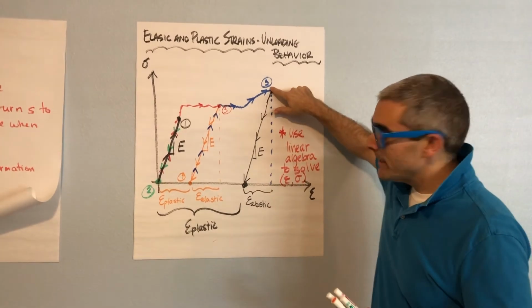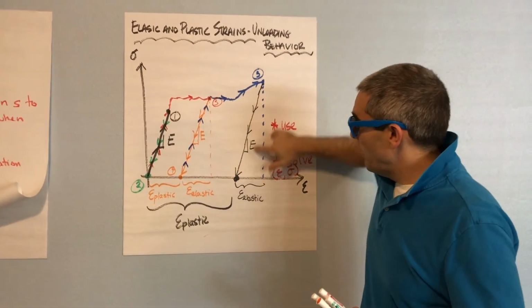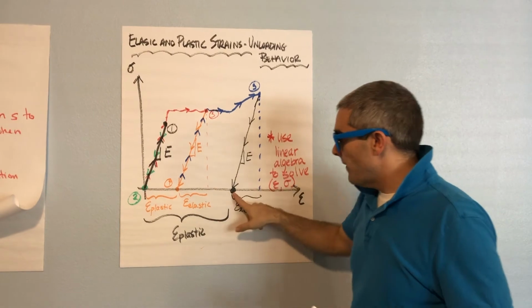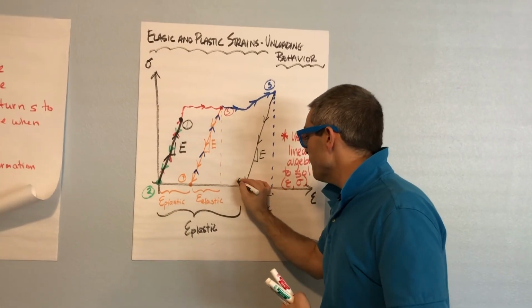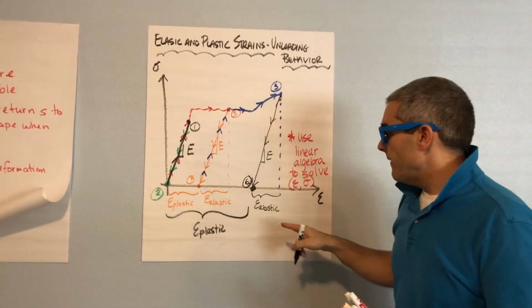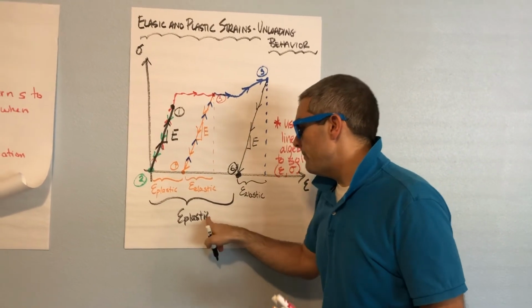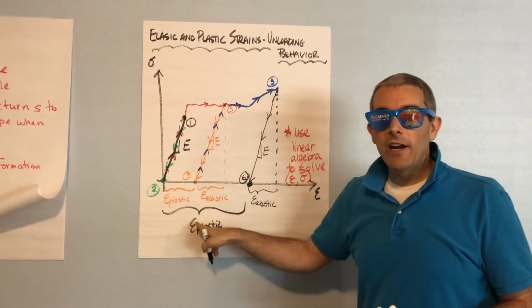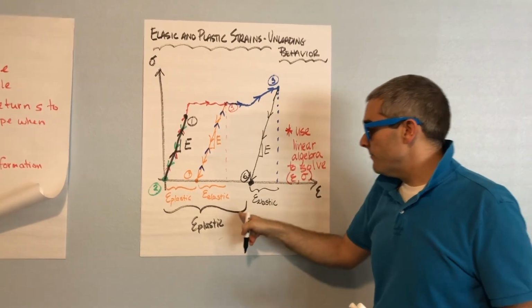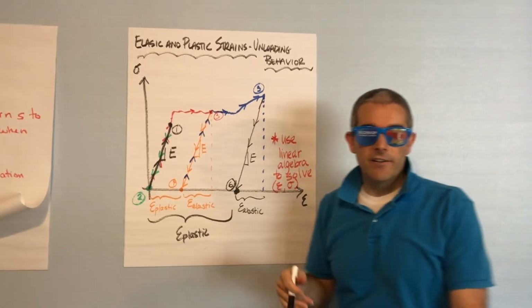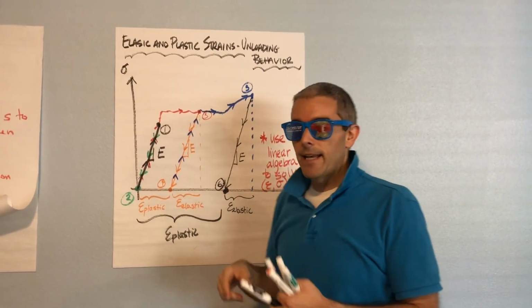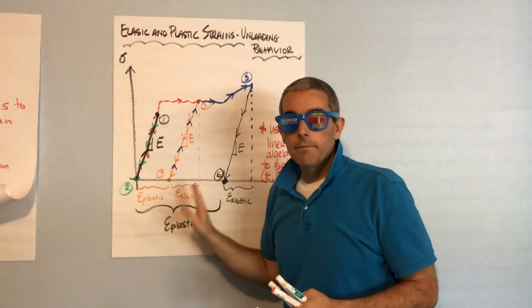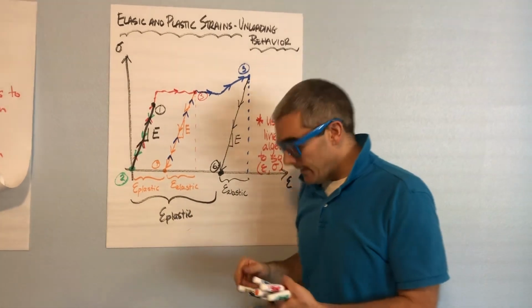If we knew where we stopped it at 0.5 and we knew the slope of this line, we could find coordinates for this point down here at 0.6. And then we could figure out the coordinates here would then be our plastic strain. We could take this value, subtract our plastic strain to get our elastic strain. So hopefully, we might do a little bit with these calculations in our class, but hopefully that makes some sense.